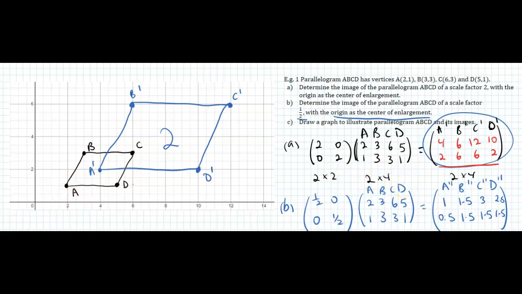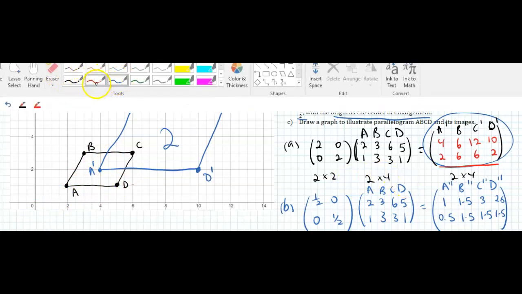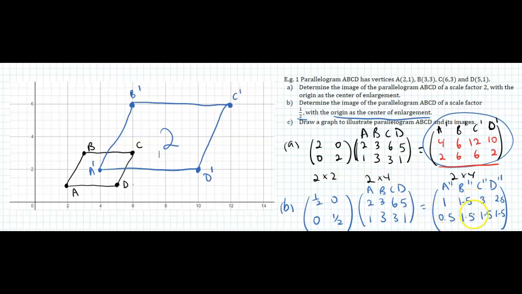Now let me show you how we do a scale factor of a half. I'm just going to follow these points here. The great thing about using the matrix method is that one, it's easy, and two, you don't have any sort of measurements to do, so you could just come to your graph paper and plot.